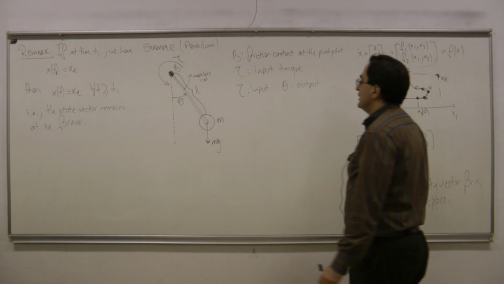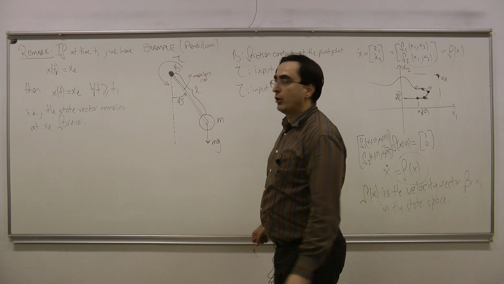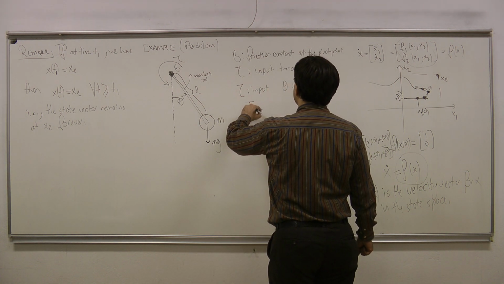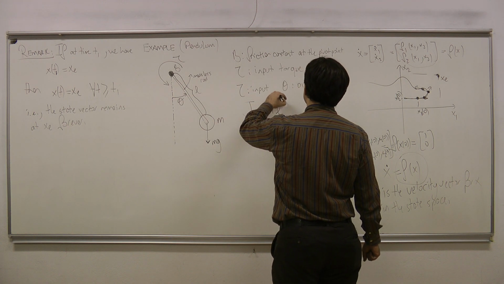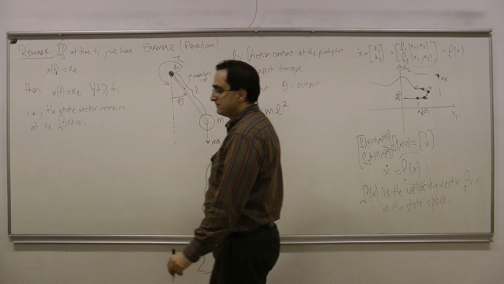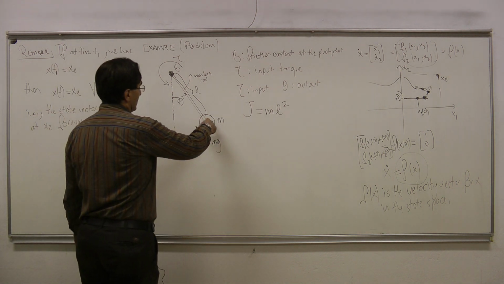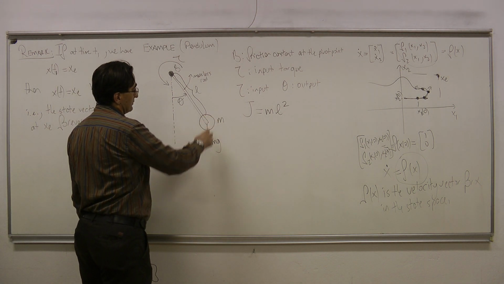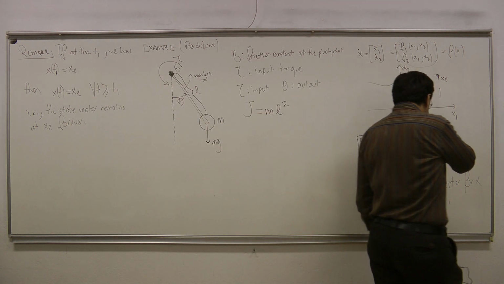Okay? So I'm assuming that this mass is concentrated at a single point, so the inertia of this pendulum is ml square. Okay? I will not use this, but I'm assuming a point pendulum here. All of the mass is concentrated at a single point.